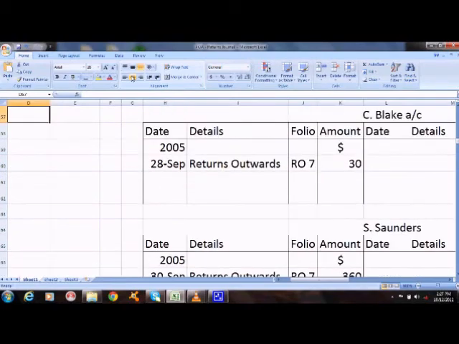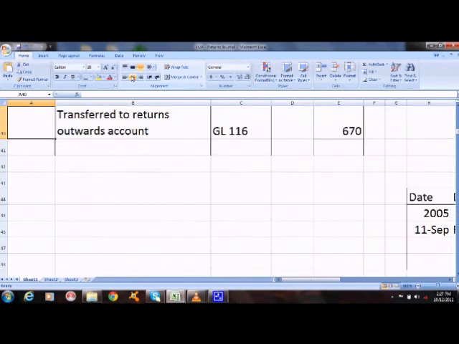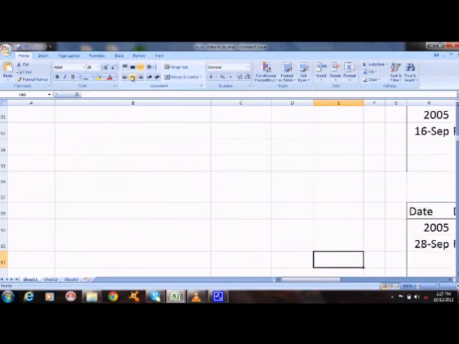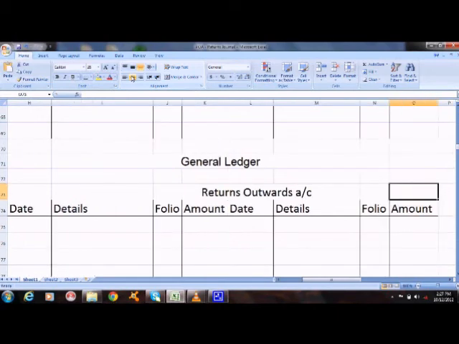So this total right here will be transferred to page 116 of the general ledger. P116, 2005, September 30.